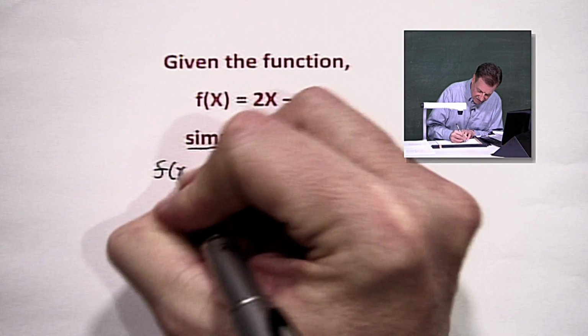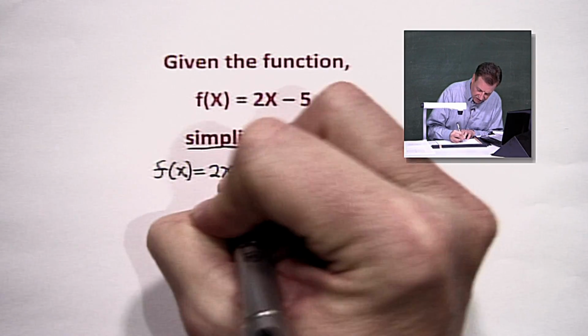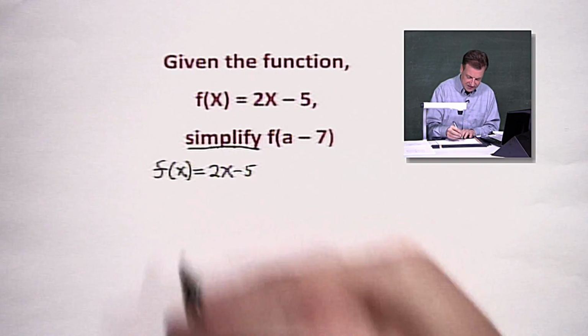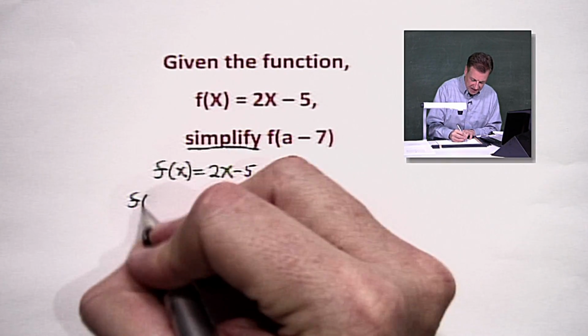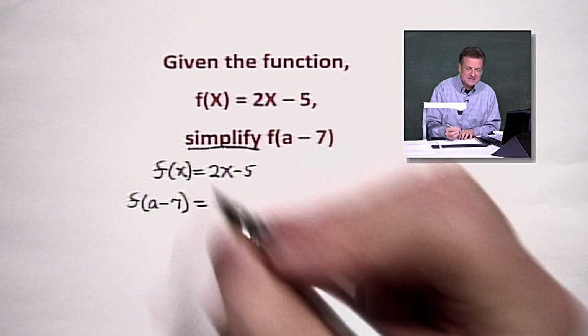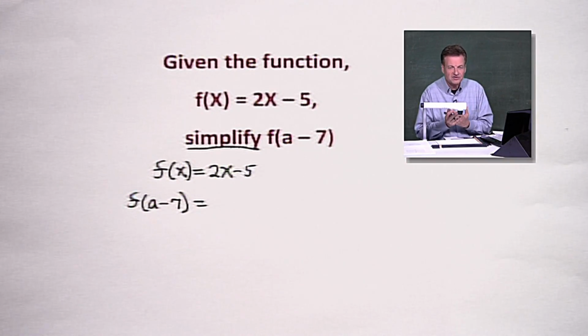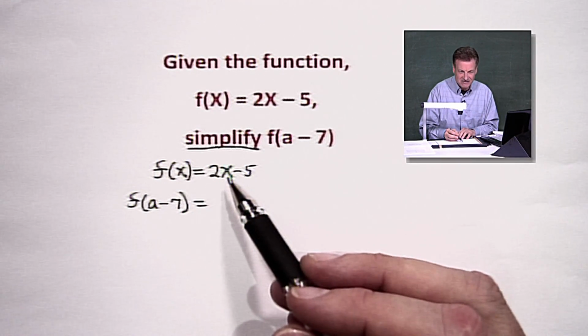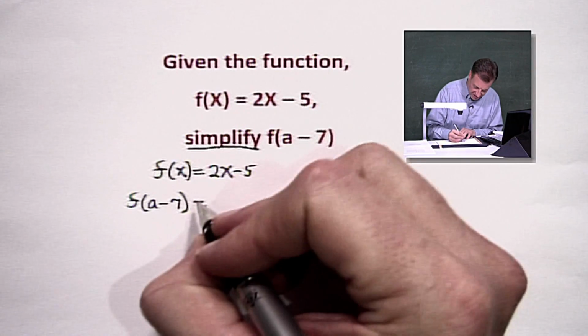We've got f of x equaling 2x minus 5. Everybody got that going, all right? And the idea is if I come along and I take f of a minus 7, everywhere I see the letter x or the variable x, I'm going to be putting in the expression a minus 7 in its place, all right?